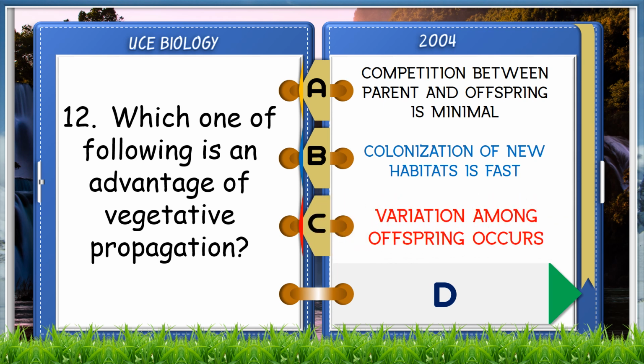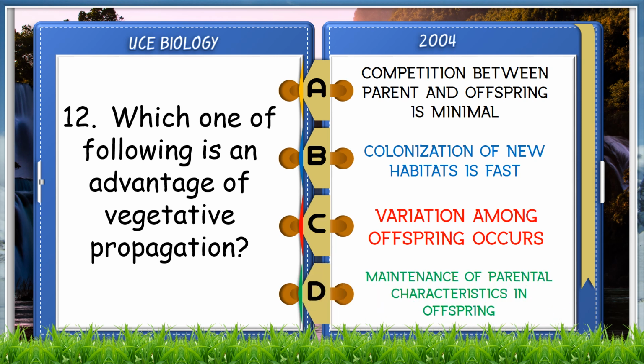C. Variation among offspring occurs. D. Maintenance of parental characteristics in offspring. The answer is D. Maintenance of parental characteristics in offspring.